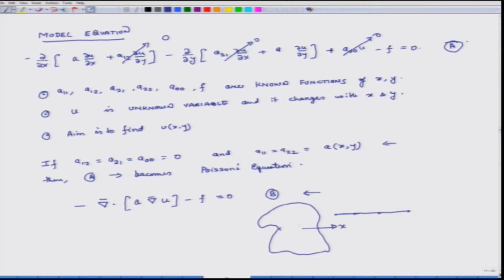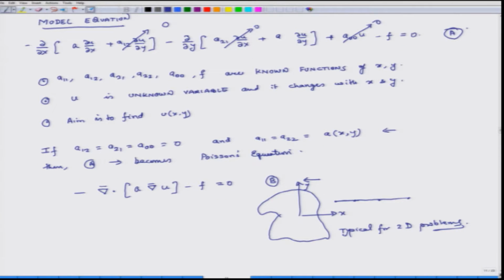So this is my x, this is my y, and the domain could be whatever shape as long as it does not change in the z direction. This is a typical domain for 2D problems. So all of a sudden the complexity of the geometry becomes significantly larger. It could be not a rectangle or a square or a circle, but some complicated shape.